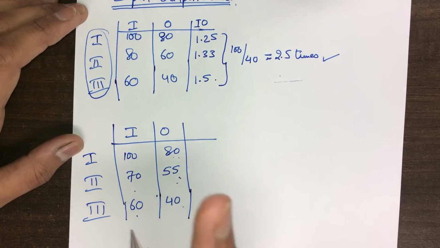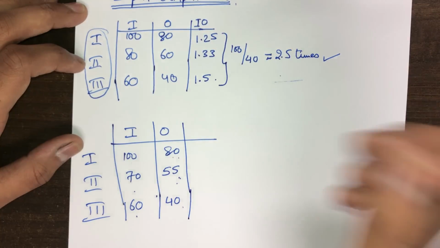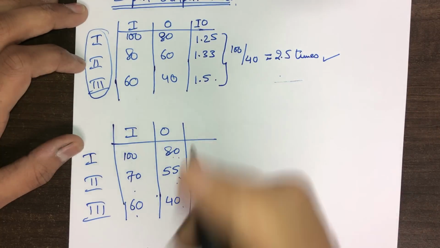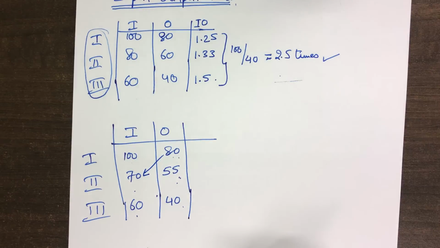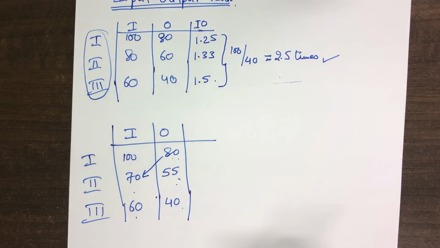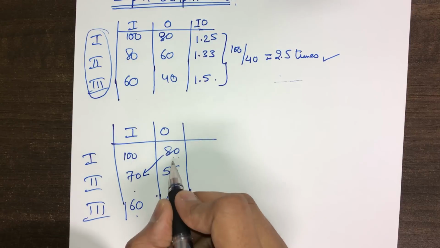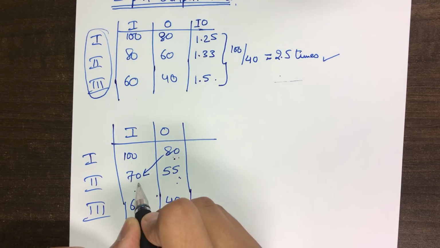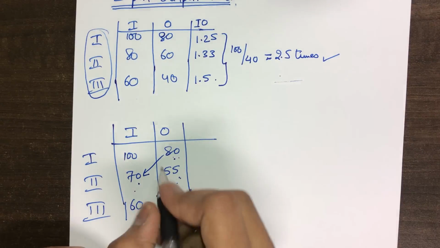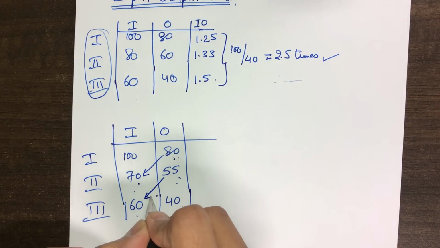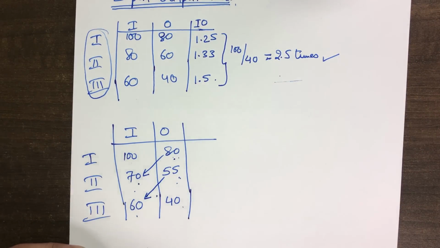Now the first question that you will ask me is, sir, how is it that 80 becomes 70? How is it possible that the output of one process doesn't become the input of the next process, but it decreases? And how is it possible that output of the process 2 increases to 60 for the third process?